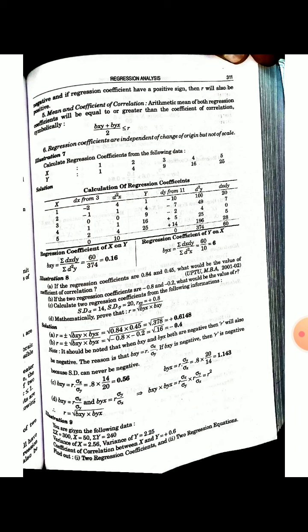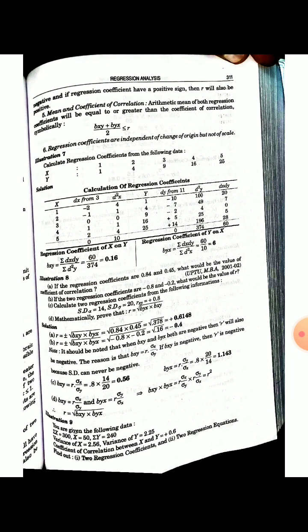So dx dy is 60 and d square y is 374. So 60 upon 374 equals 0.16. Regression coefficient of y on x, byx, will be calculated by sigma dx dy upon sigma d square x. 60 by 10 we will get 6.